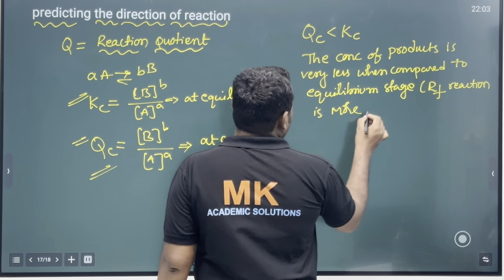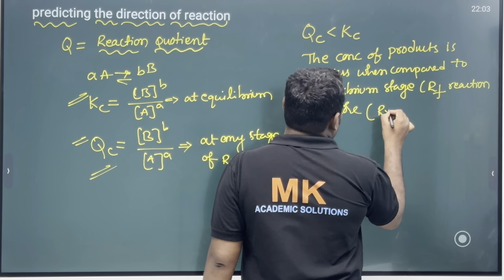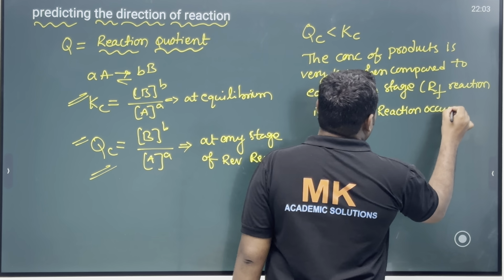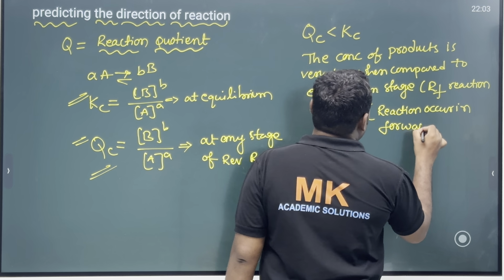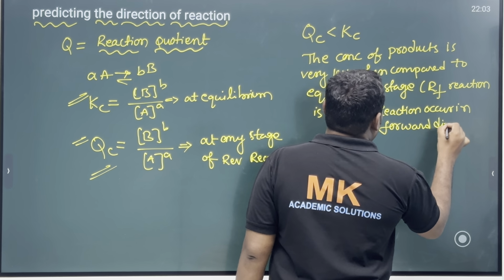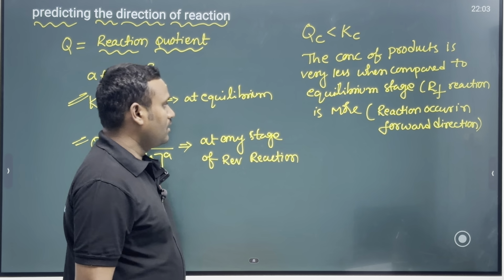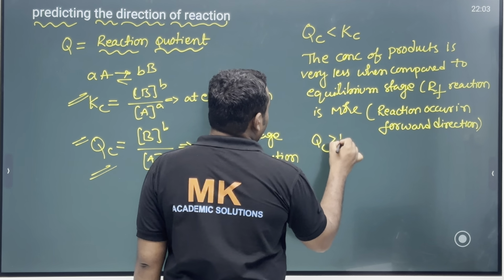When Qc is less than Kc, the reaction occurs in the forward direction.